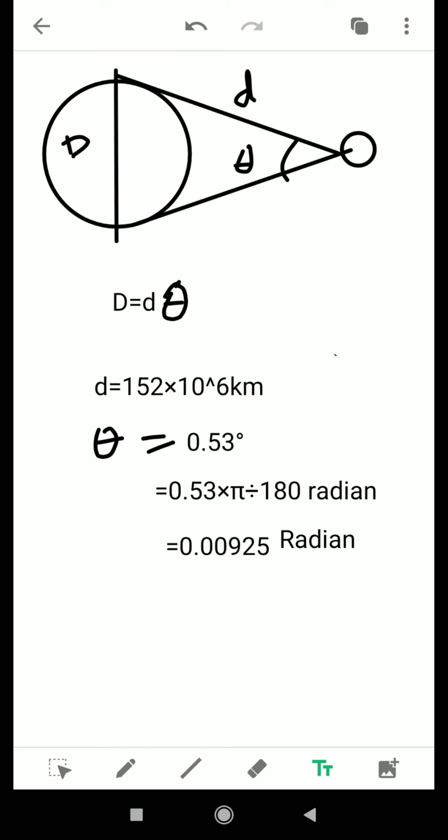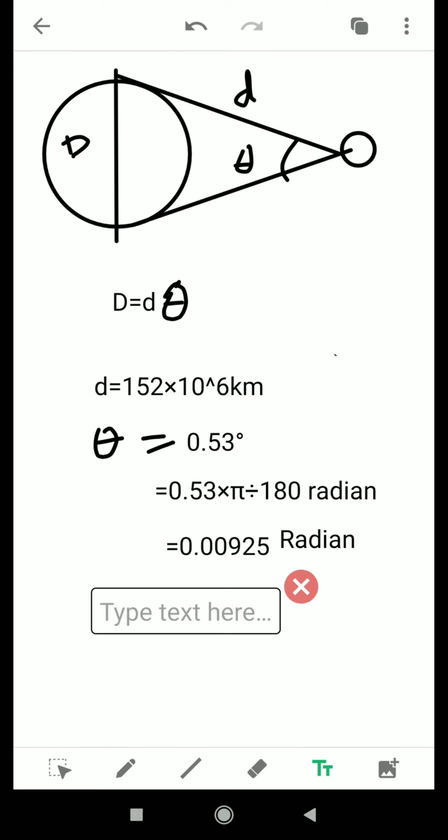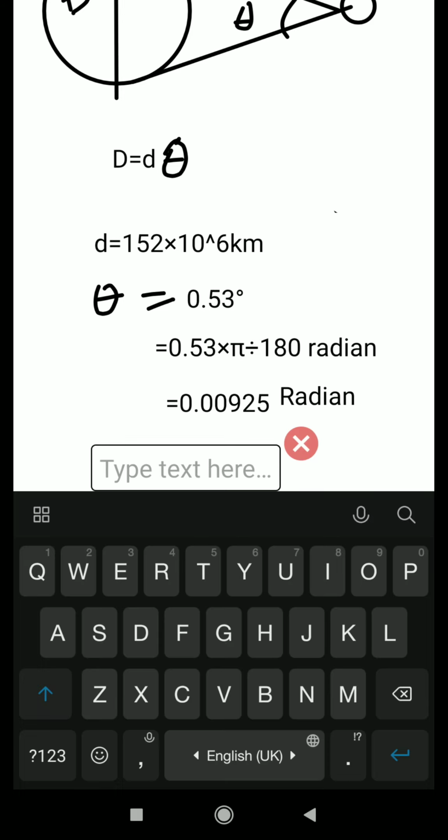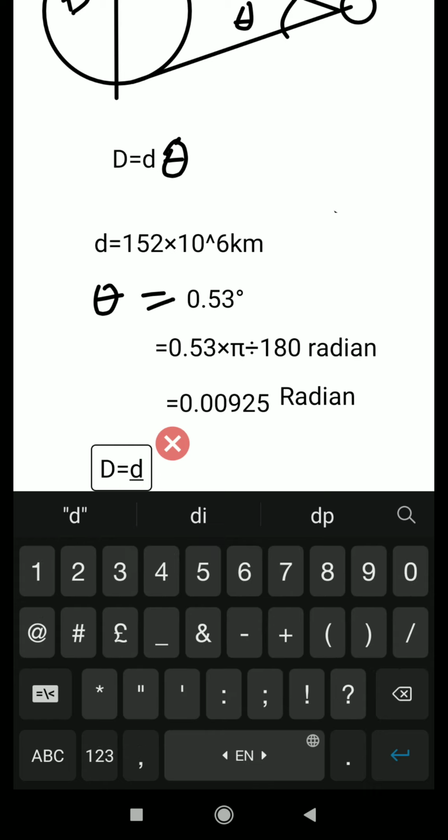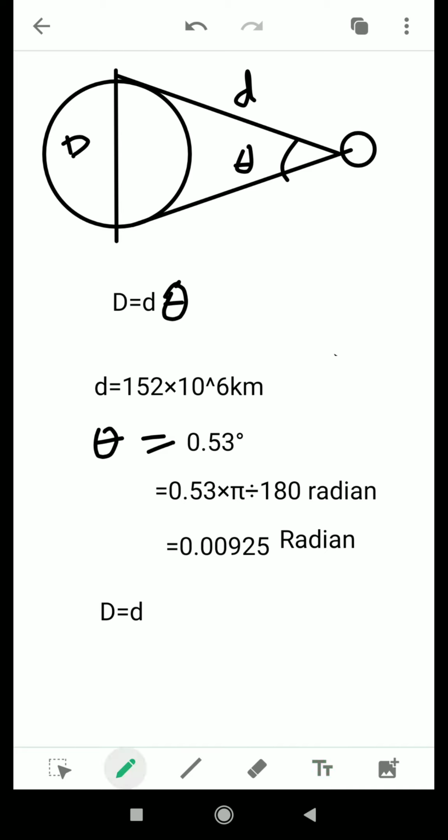So we know the equation that capital D is equal to small d into theta. We write it again here, capital D equal to small d into theta.